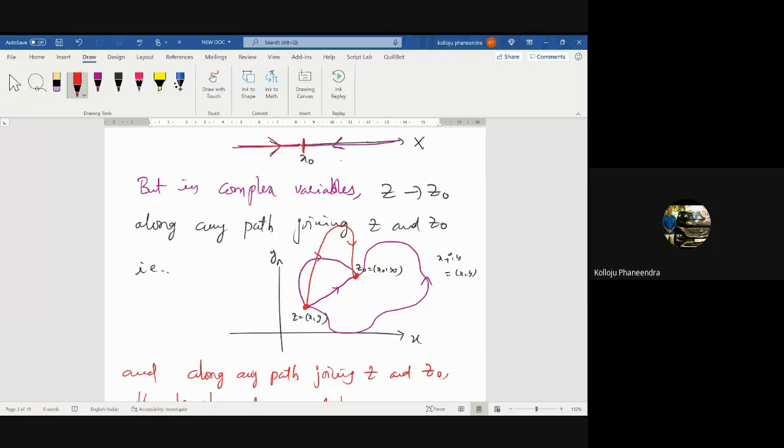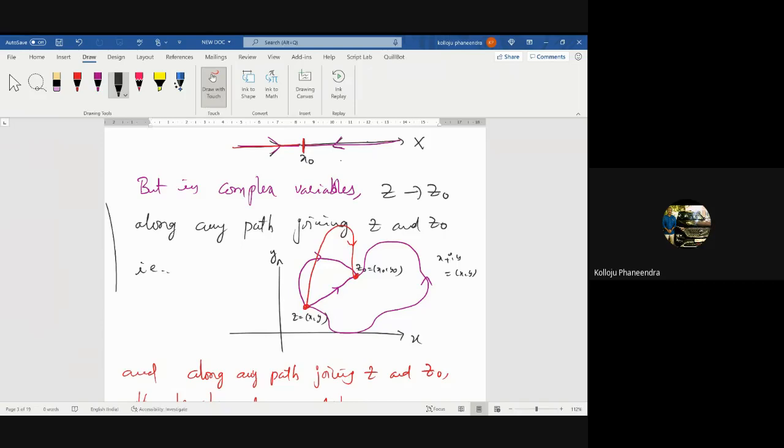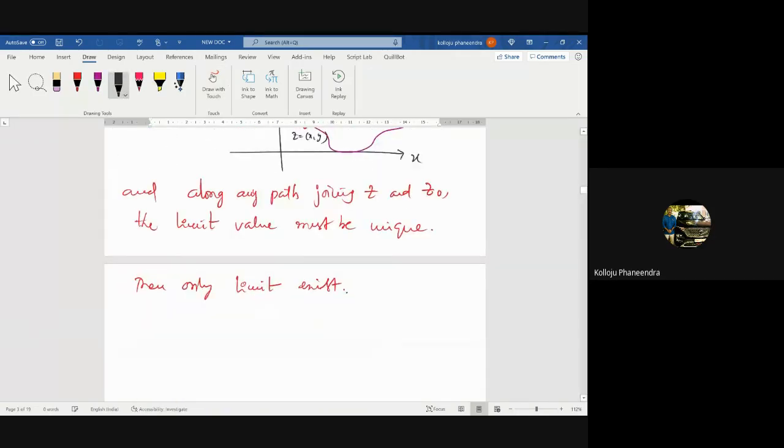And along any path, the limit value must be unique. Now, this is the concept of limit. Any doubts?